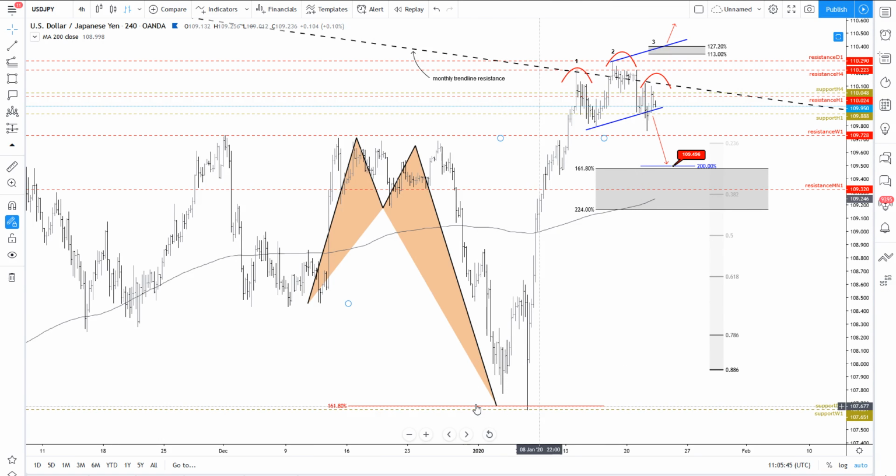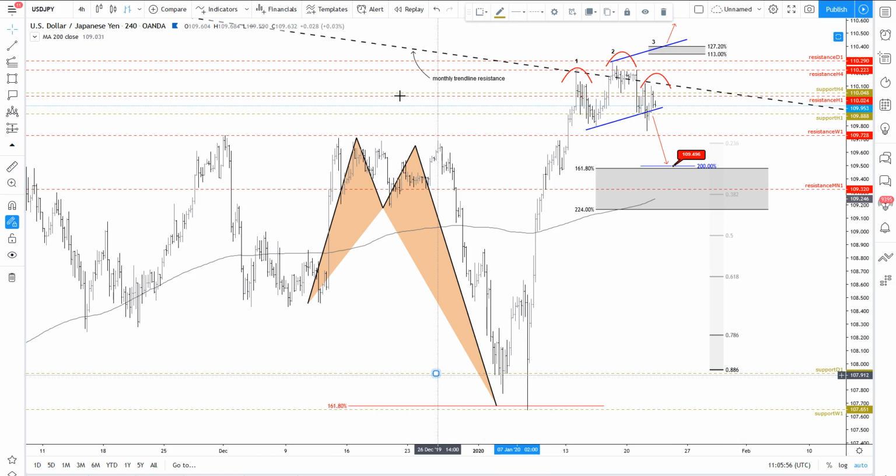this bullish shark pattern printed at 168 extension, new weekly fractal support. Actually, the daily support, I believe it's already or not. Let me just check this. Daily, no, the daily and weekly support still positioned there.